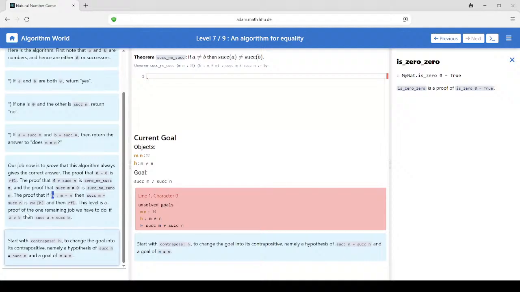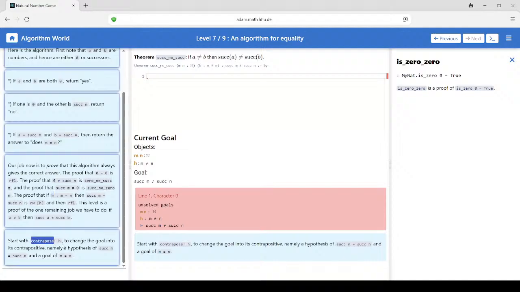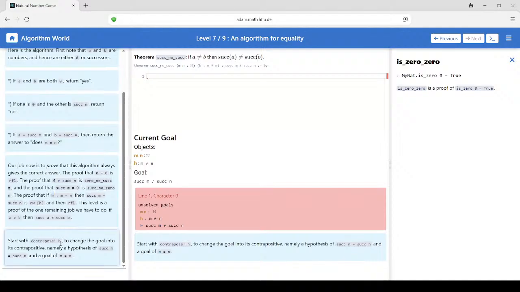This level is a proof of the one remaining job we have to do. If A does not equal B, then the successor of A does not equal the successor of B. Start with contrapose H to change the goal into its contrapositive, namely a hypothesis of successor m equals successor n and a goal of m equals n.